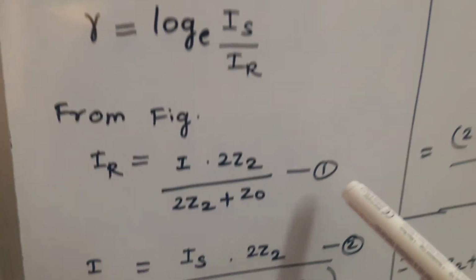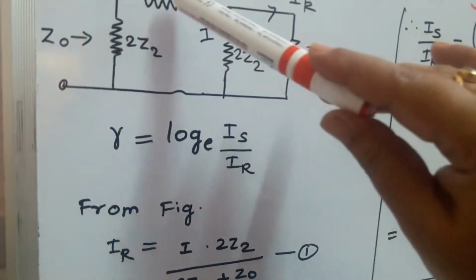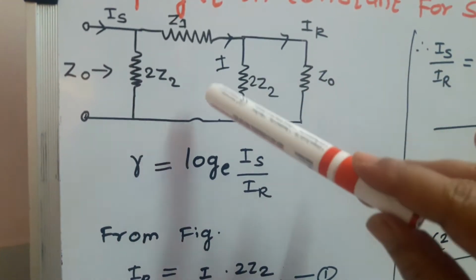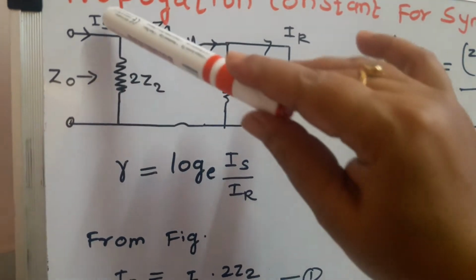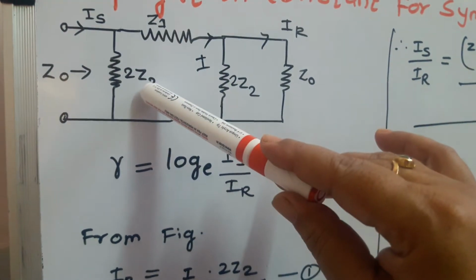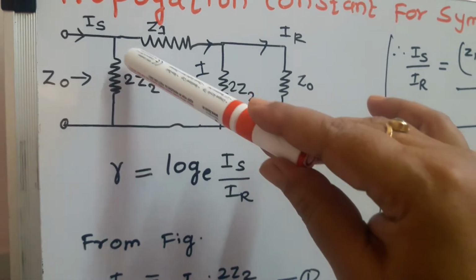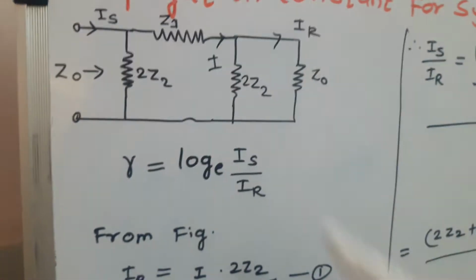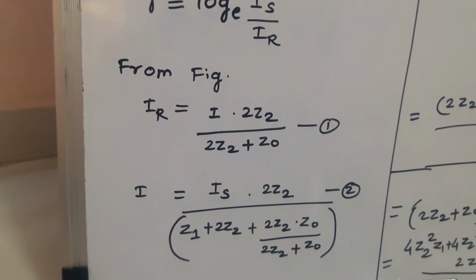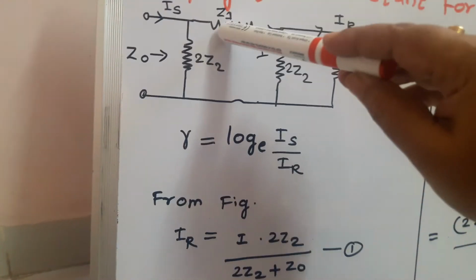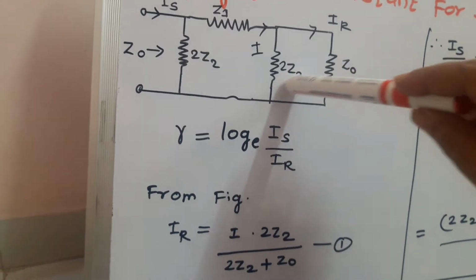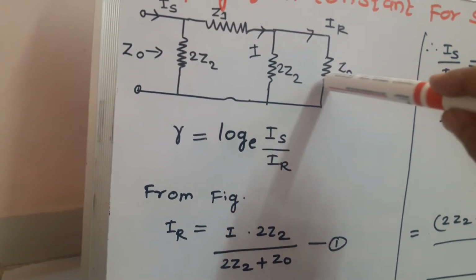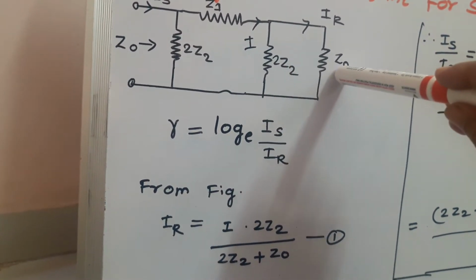Again, this current I is coming from the source current Is. So this current I can be calculated with the help of the current division principle, that is Is into 2 times Z2 divided by the total impedance Z1 plus 2 times Z2, this series combination in parallel with this total impedance, that is 2 times Z2 into Z0 divided by 2 times Z2 plus Z0.